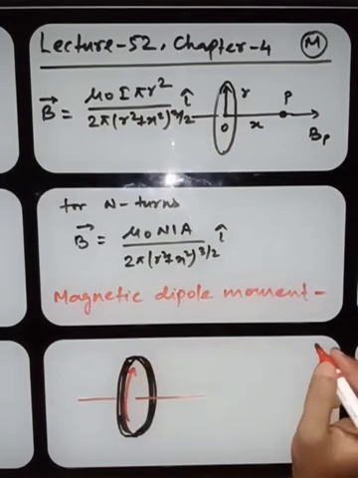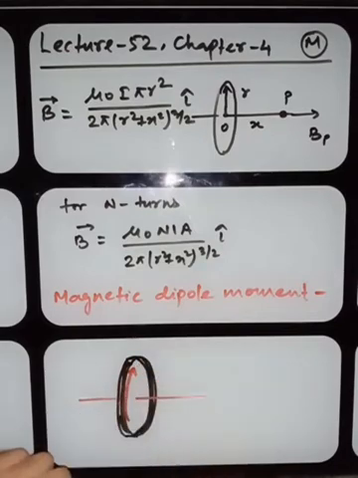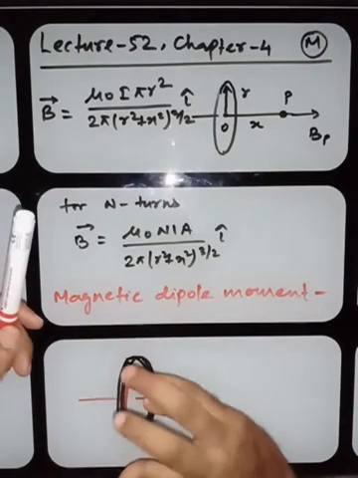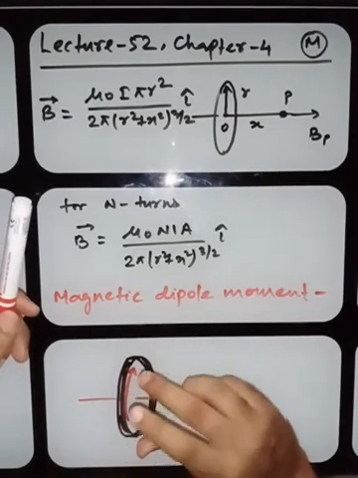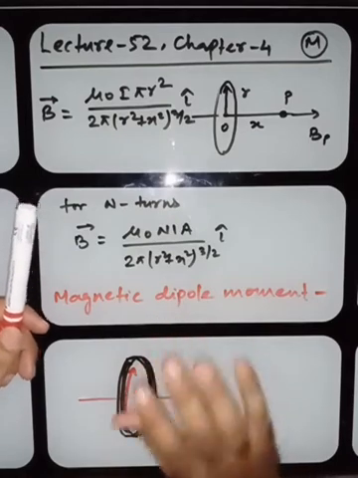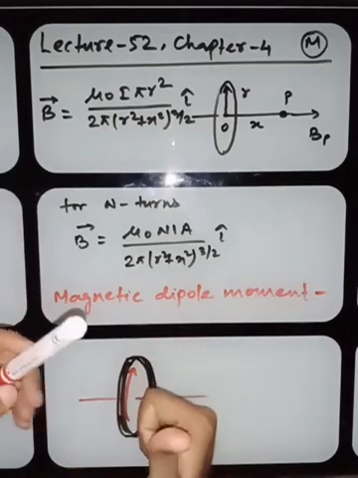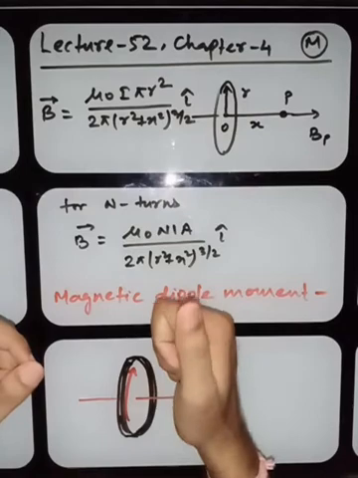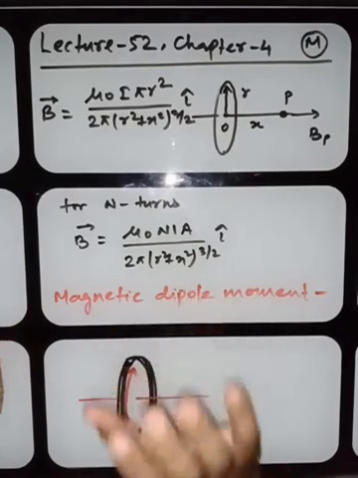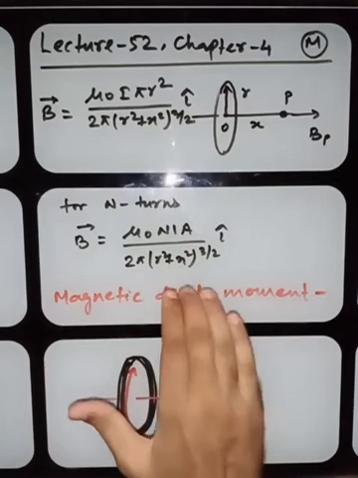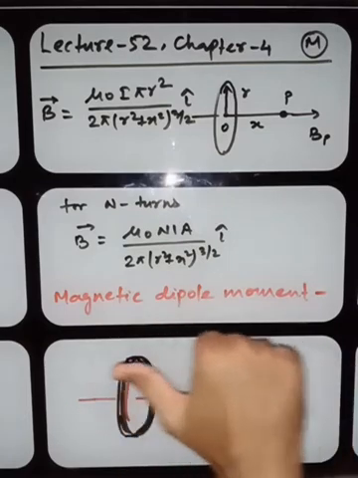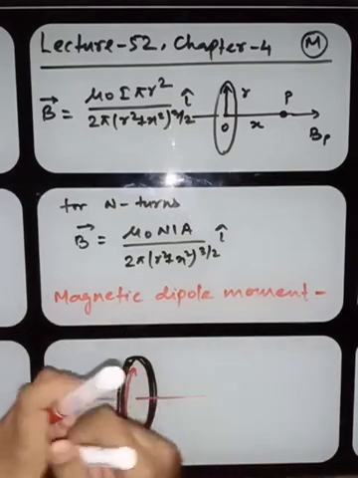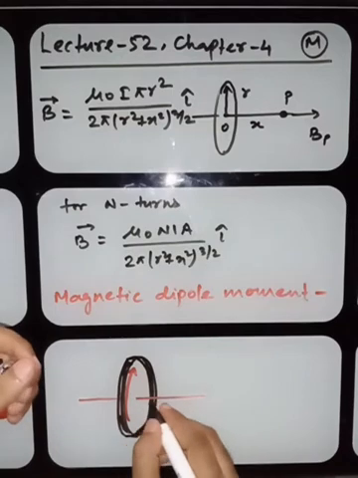If current is flowing in this direction in the coil, then to find the direction of magnetic field, as I told you, you use your right hand thumb rule. The thumb goes in this direction, so this will be the direction of the magnetic field.